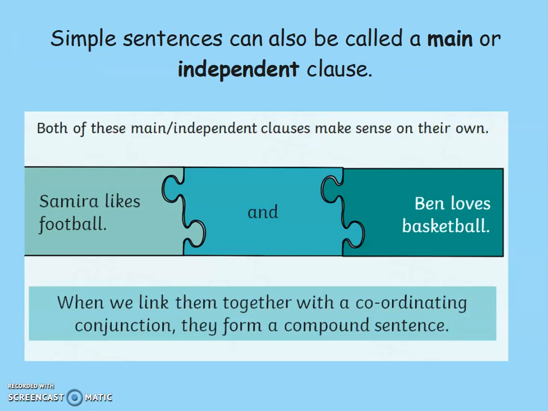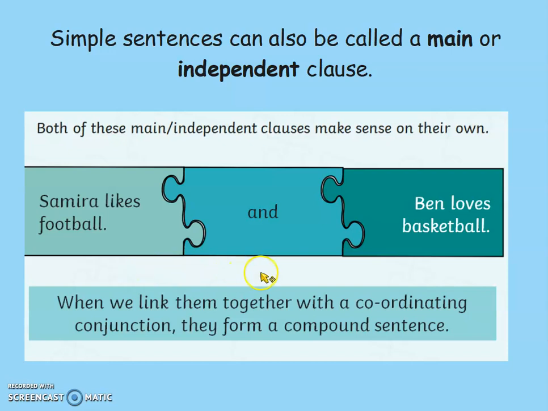Simple sentences can also be called the main or independent clause. So, Samira likes football is a simple sentence, but it could also be called a main clause or an independent clause. And that's because both of these sentences make sense on their own.